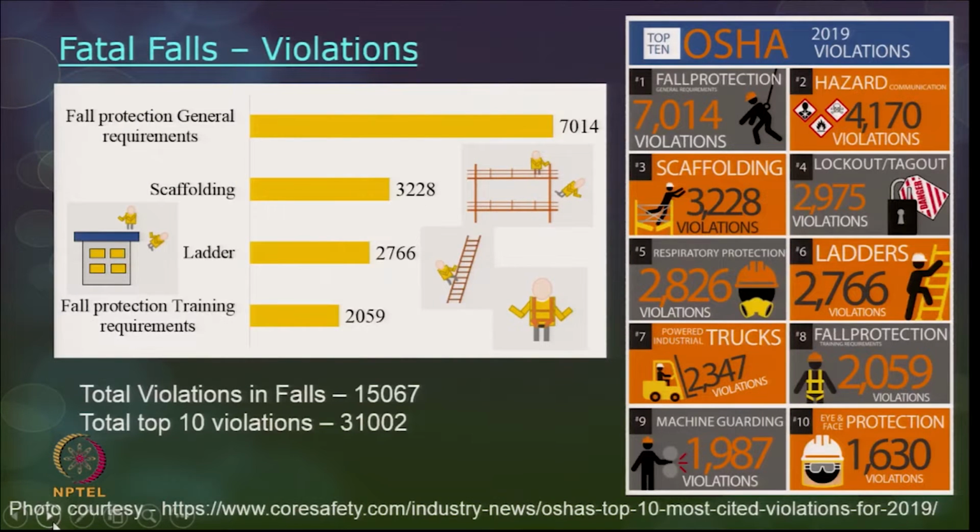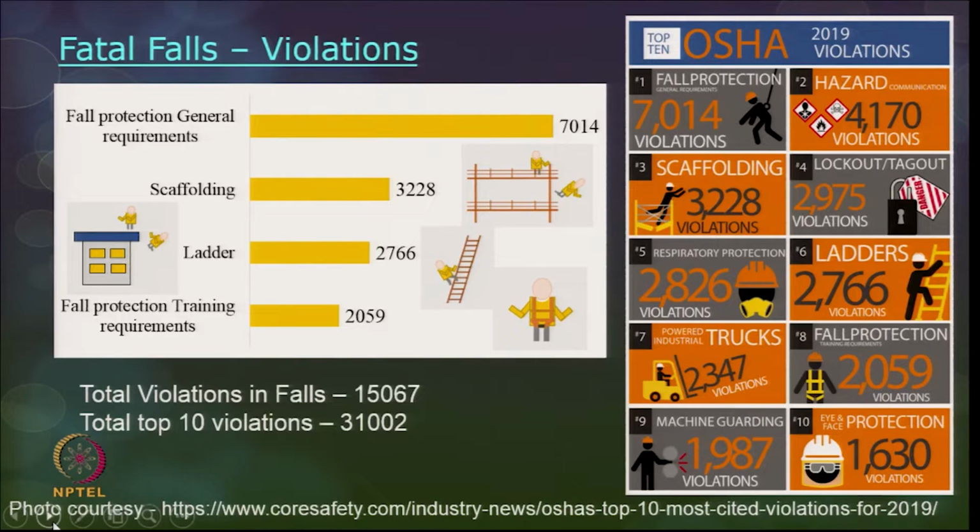So, if you see the violations, we can still prevent falls. As explained in the first class, many of these hazards can be easily prevented or at least minimized on the sites if you follow certain safety protocols. If you look at violations in 2019, there is a compilation of violations given by OSHA.